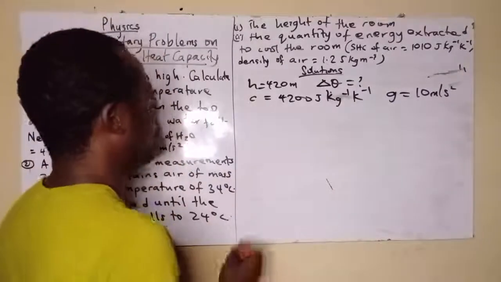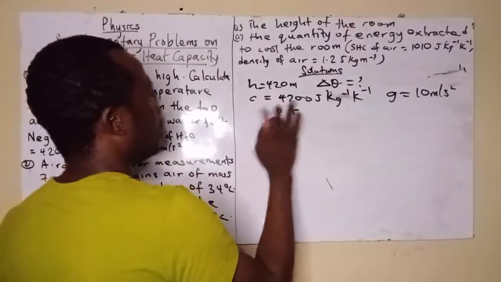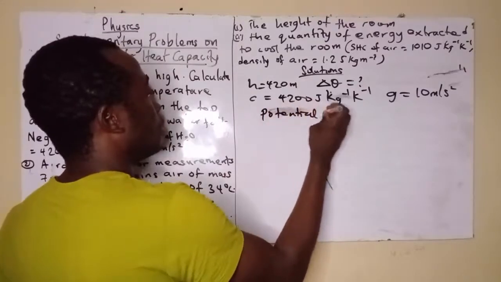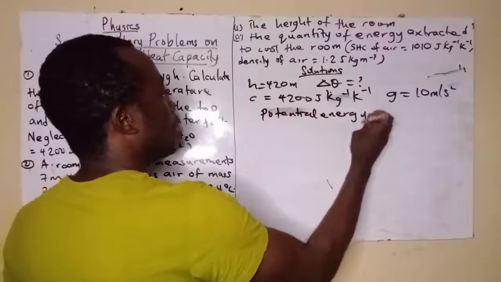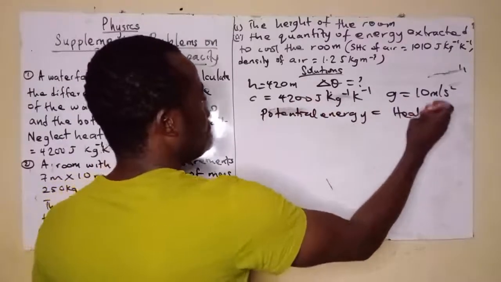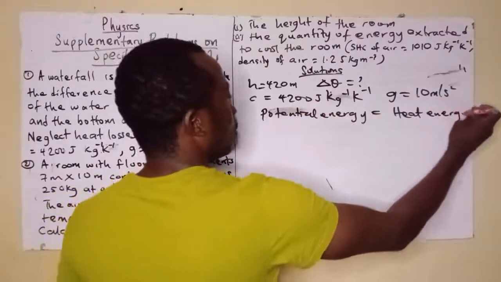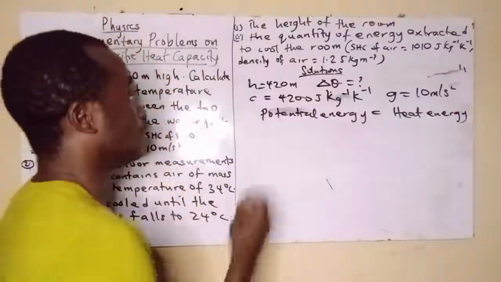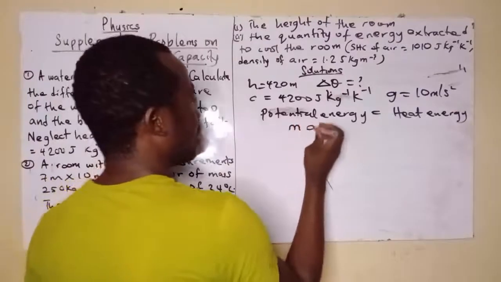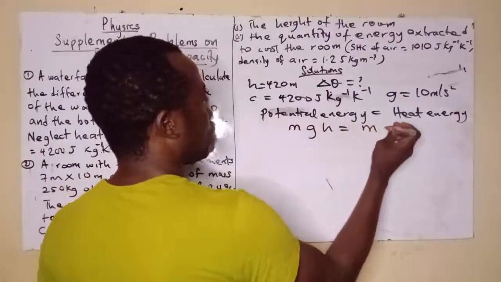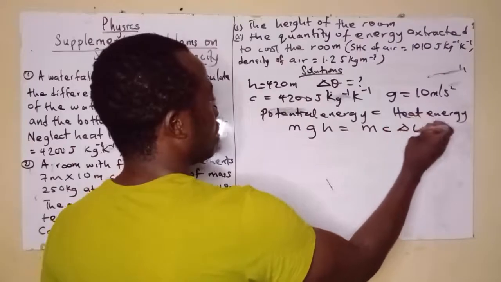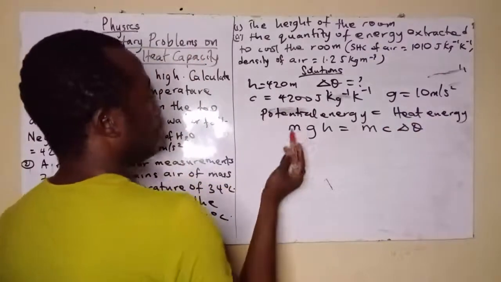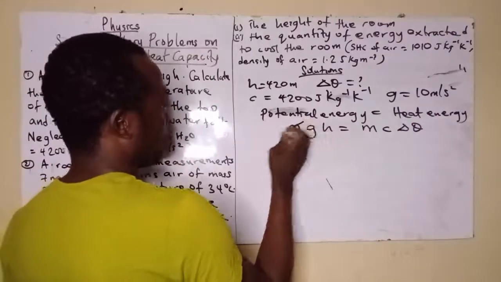All we need to do is say that potential energy is equal to heat energy, based on the law of conservation of energy. Potential energy is mass times gravity times height, and that one is also mc delta theta. They did not give us the mass, but it can cancel out.